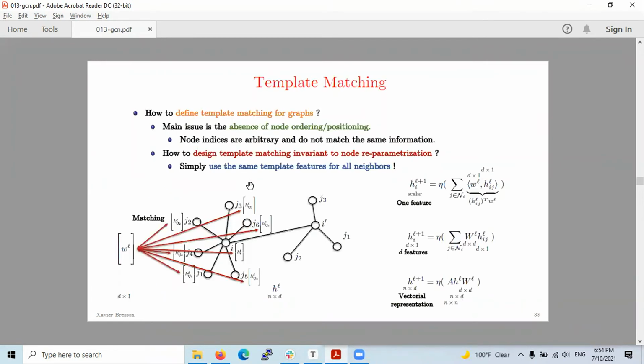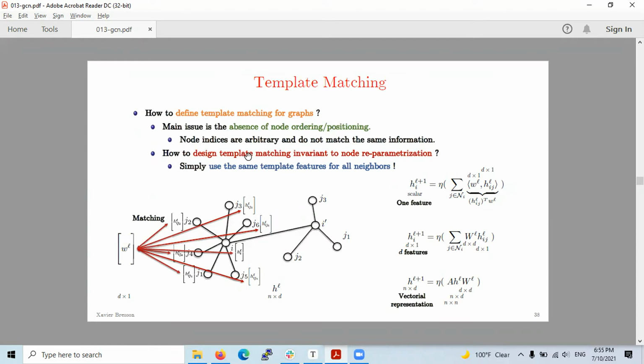Here the professor says that we come back to the original way of doing convolution that we are used to, wherein we take the template matching concept of convolution. The main issue, as you've seen in the previous couple of slides about isotropic nets, is that there is no particular index for a node of a graph.